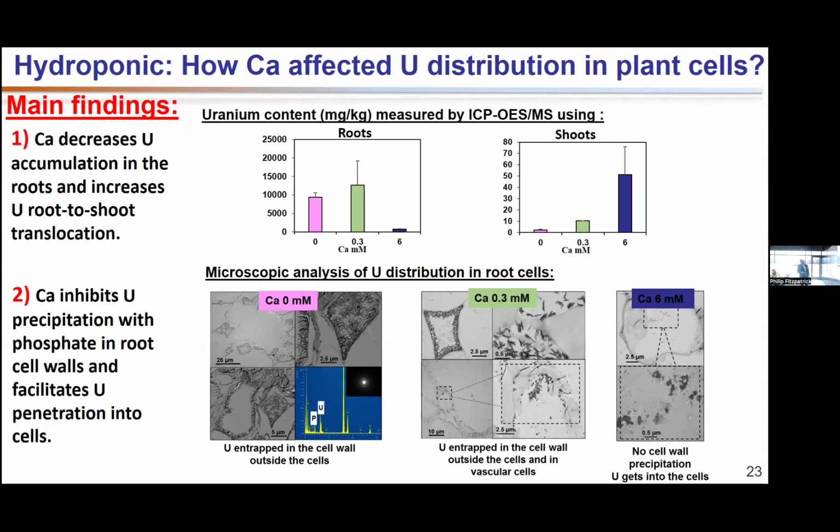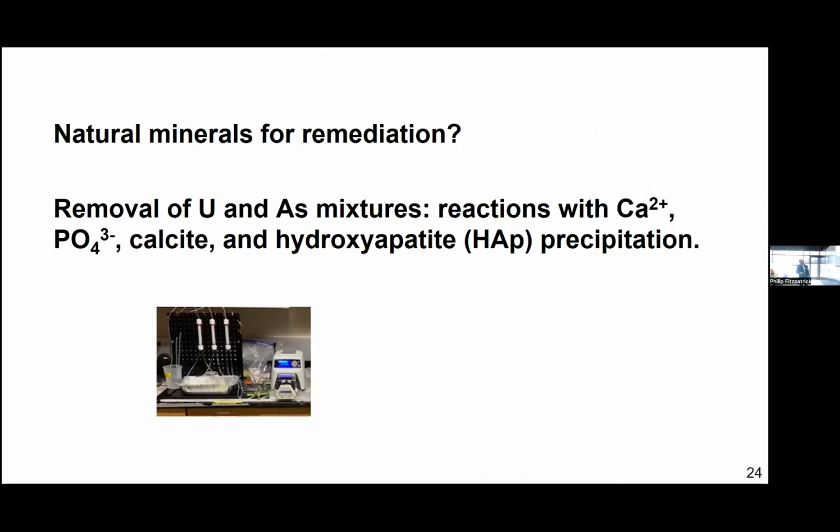And finally, I want to leave you with this thought of using minerals more purposefully. I want to honor a scientist I really admire, John Sakara from the Pacific Northwest National Lab, who unfortunately passed away some years ago. His group did phenomenal work at PNNL on uranium phosphate immobilization.